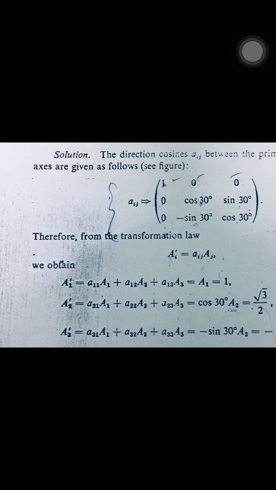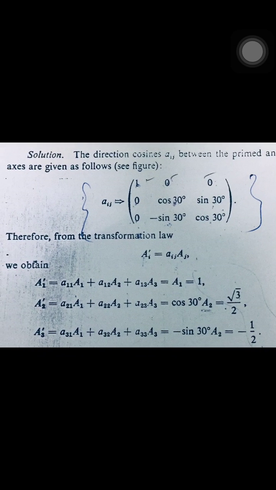So after putting in the values we get A1 dash equal to 1, A2 dash equal to root 3 by 2, and A3 dash is nothing but minus half. So these are the components from Ai to Ai dash components.